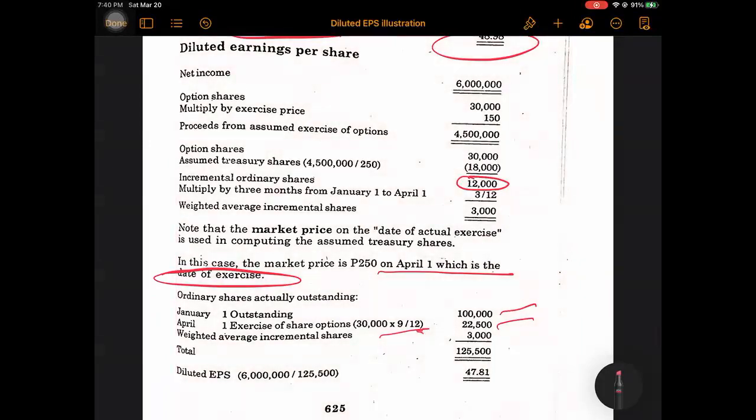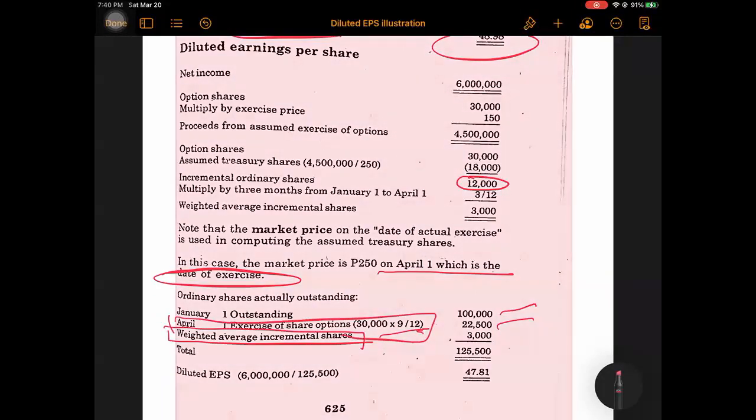And weighted average incremental shares of 3,000. Notice that two items were added here. The shares that were exercised are averaged, 30,000 times 9 over 12. Then the weighted average incremental shares are prorated from the date.